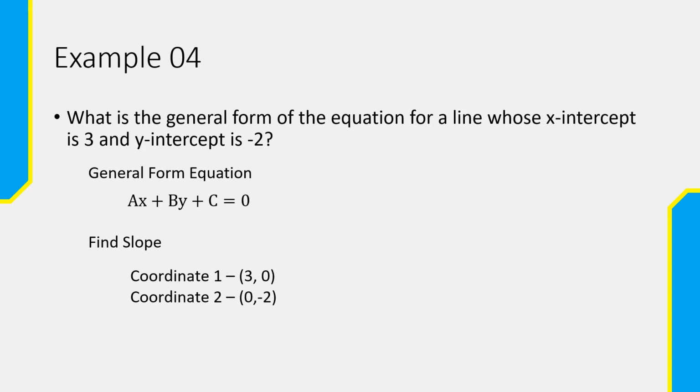And when it passes the y-intercept, the x value will be 0, giving the point (0, -2). With two coordinates, we can use the slope formula to determine the slope. By plugging in the values in the correct locations, we calculate the slope of the line to be 2 over 3.